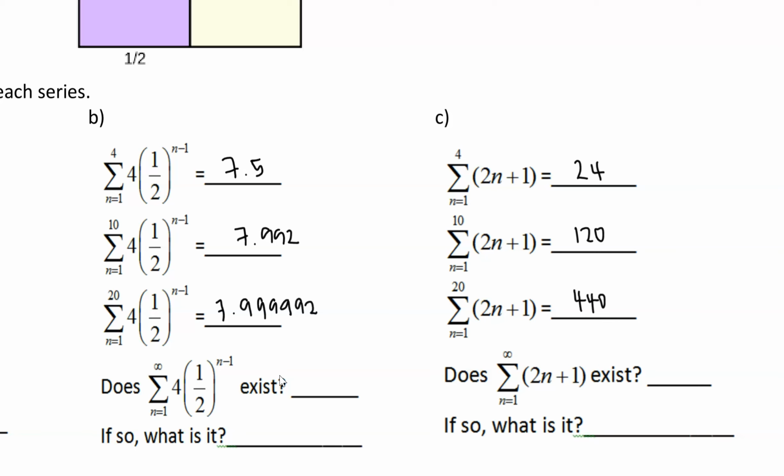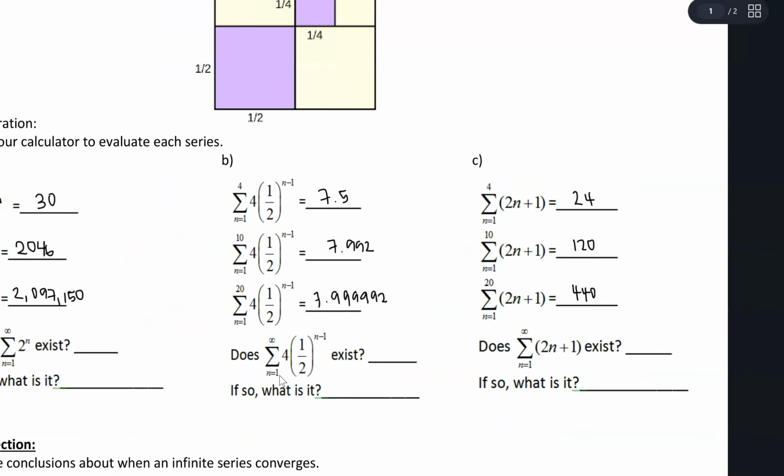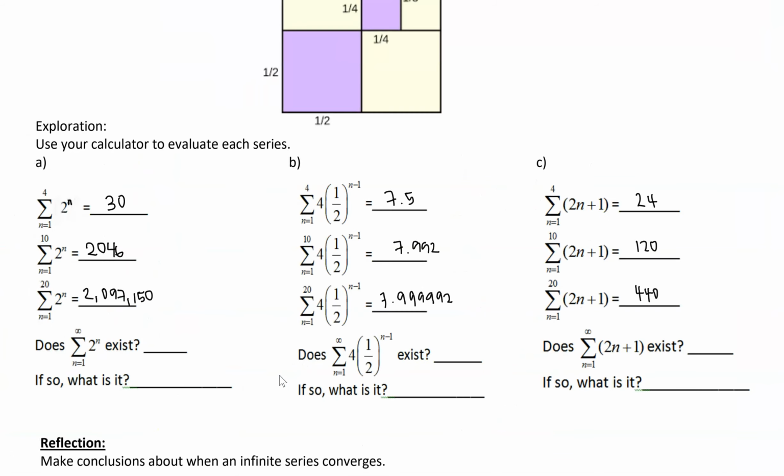Okay, so let's go back and look at what's happening here. Let's compare all three. For the first one, does the sum go to infinity? If I get larger and larger, am I going to be able to calculate this value?